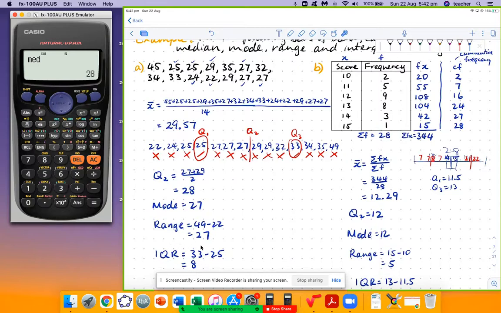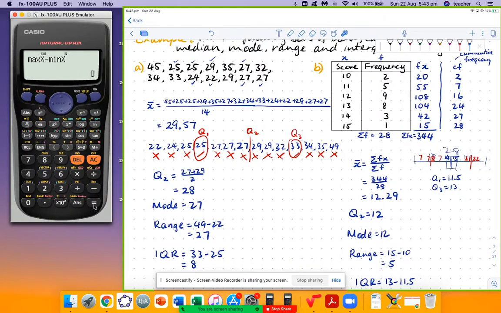Now, if we want to calculate range, let's go to range first. What we can do is use that function again. So press AC, go Shift, Stat, number 6 for min-max, and we can go 2 for max-x, so that's your highest value. Then you can go minus, Shift, Stat, 6, minimum x.